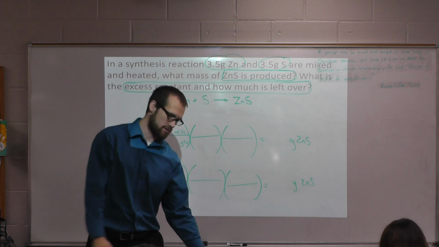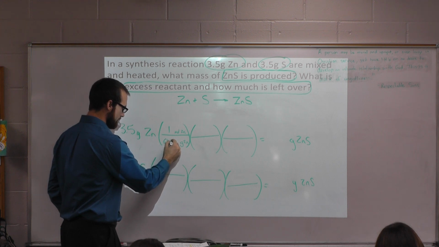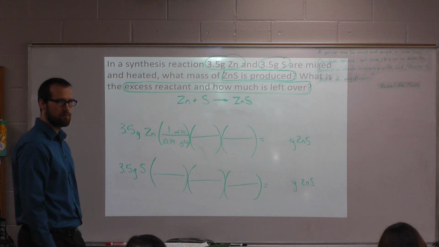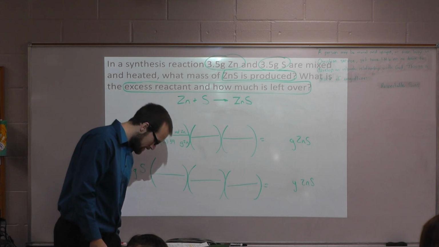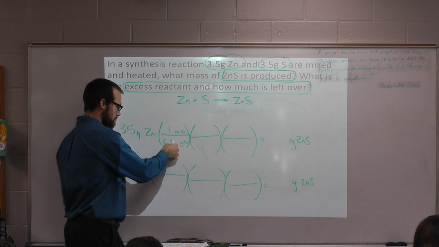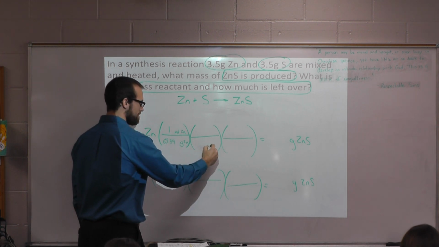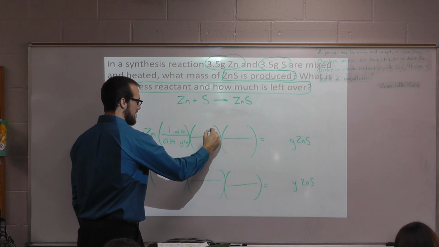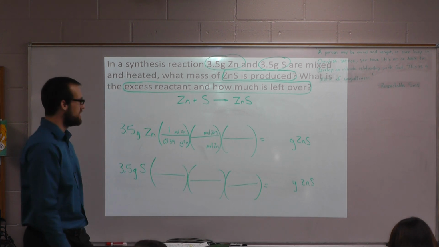Zinc molar mass is 63.39. I intentionally gave you a fairly easy one, because what is the mole ratio for both of these?